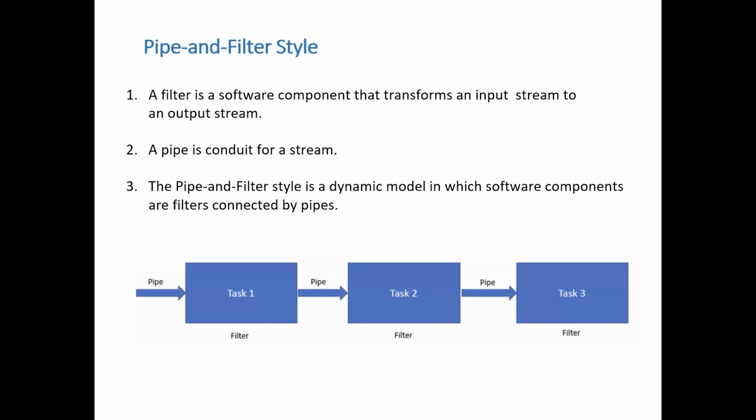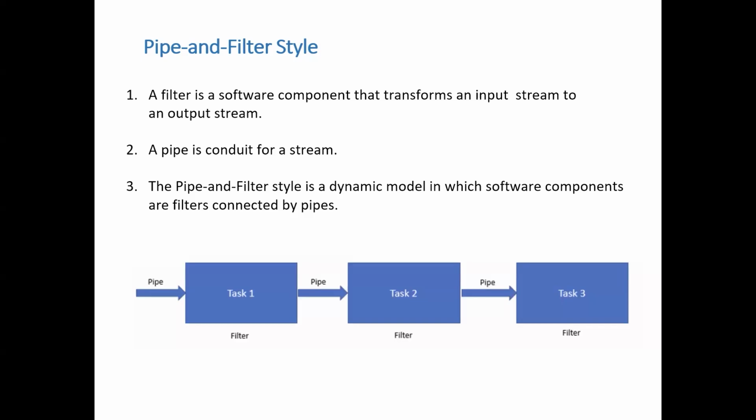Now, how do these filters talk to each other? That's where pipes come in. A pipe is just a conduit. It moves the data stream from one filter to the next. What makes this style powerful is how modular it is. Each filter operates independently and doesn't need to know what came before or what comes next.